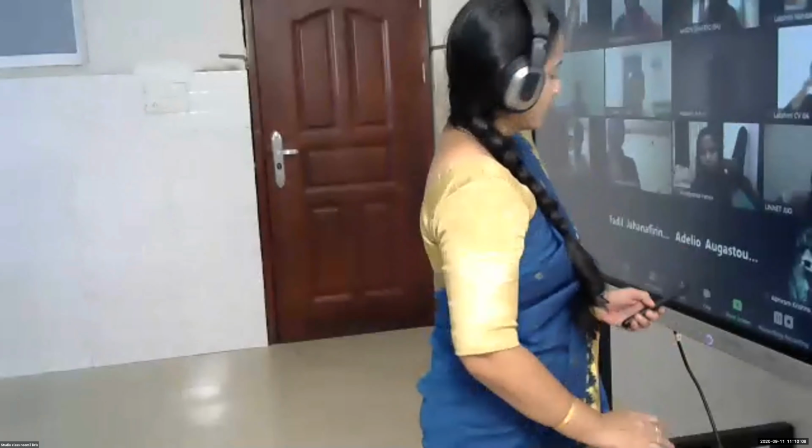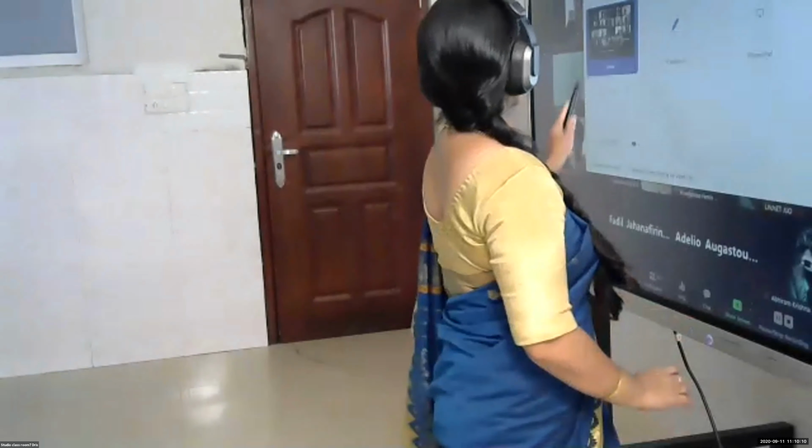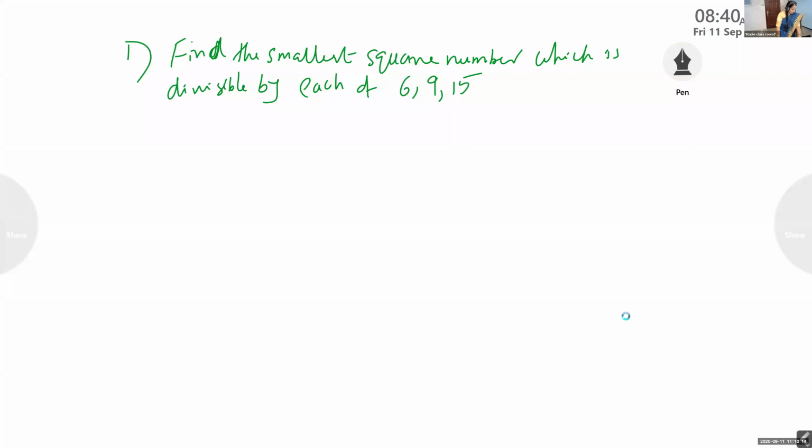Okay. So first of all, we will find the LCM of the given numbers. So you write a sentence. After that, we can find the LCM. This problem has two steps.